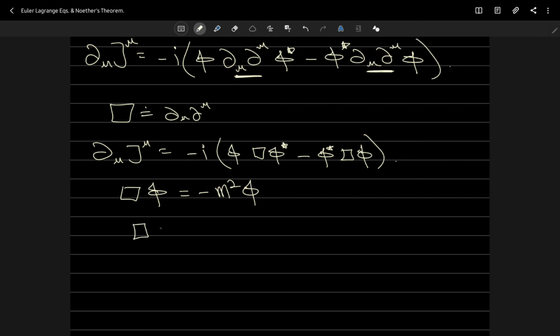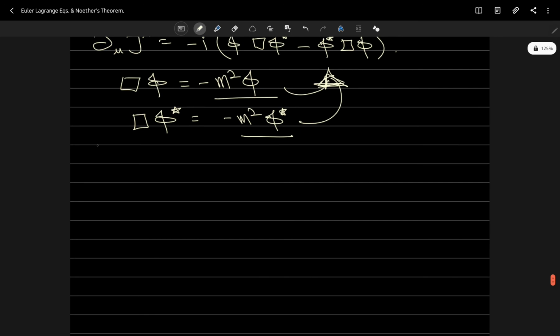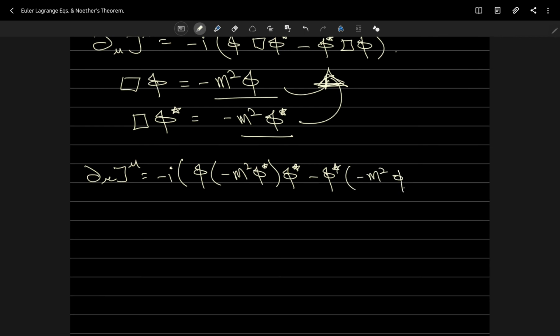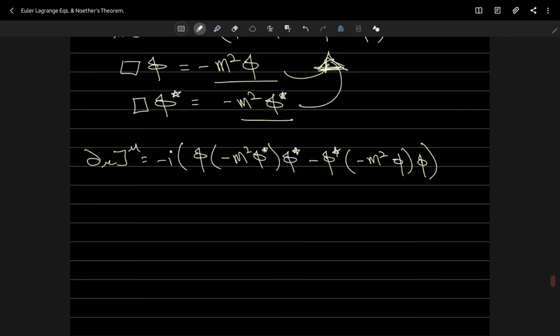We also know that box phi star is equal to negative m squared phi star. So I have to simply substitute these values in this equation, right? And what do I get is, let's do it, partial mu j mu is equal to negative iota phi times minus m squared phi star times phi star minus phi star minus m squared phi times phi.